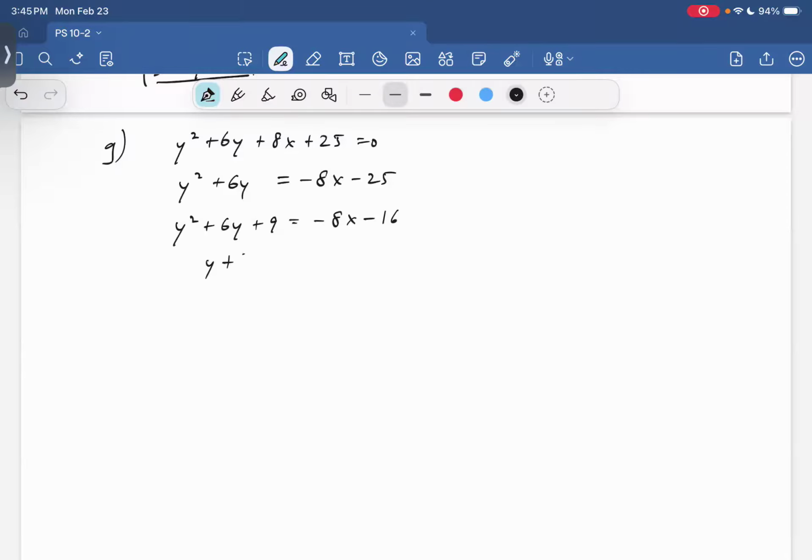That factors as (y plus 3) squared equals negative 8 times (x plus 2). So the vertex is negative 2 comma negative 3, and p is equal to negative 8 divided by 4, which is negative 2.